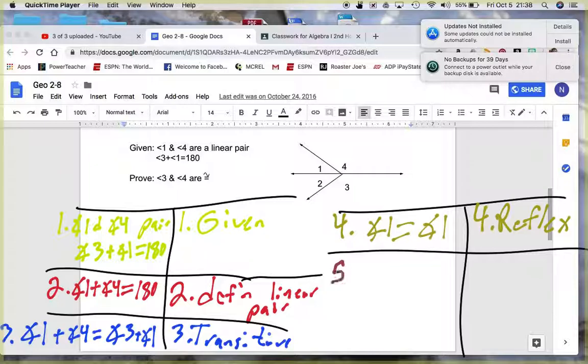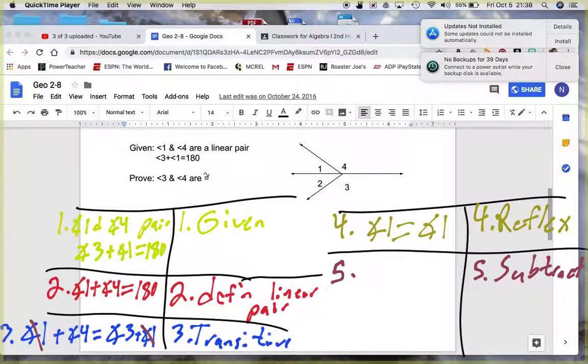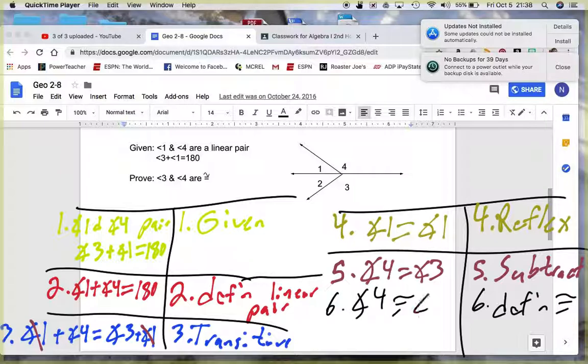So then once again, just like the one before, I can then subtract my angle 1s from this equation over here. Ooh, I broke it. And then once again, you should know the last step by now. Definition of congruent. So angle 4 is congruent to angle 3. Okay?